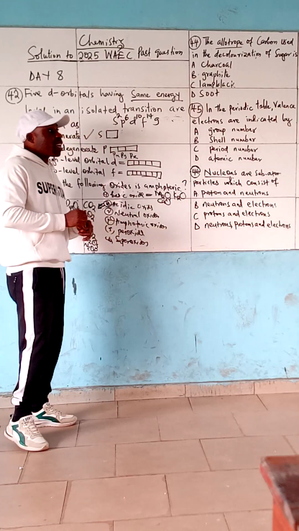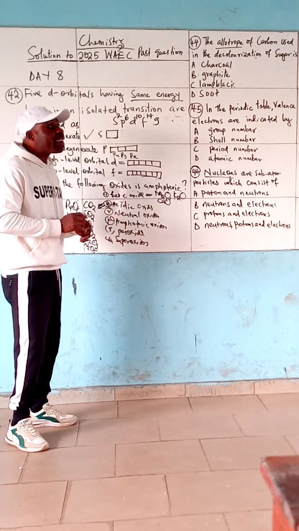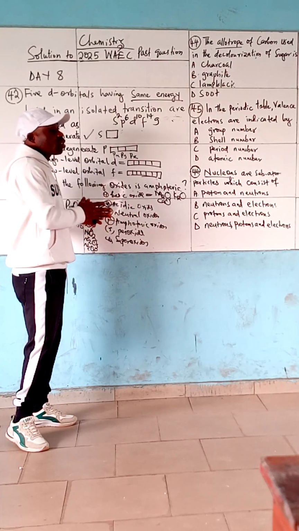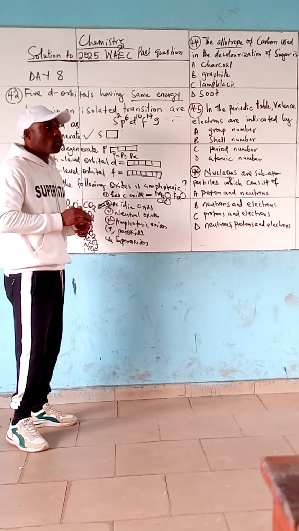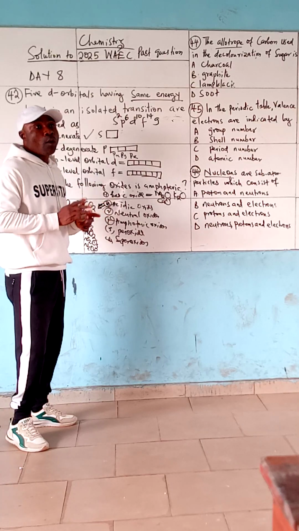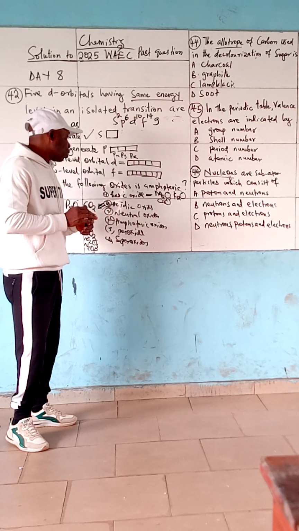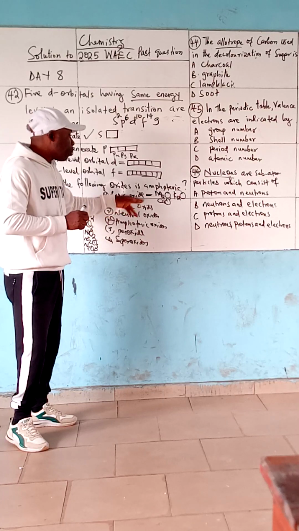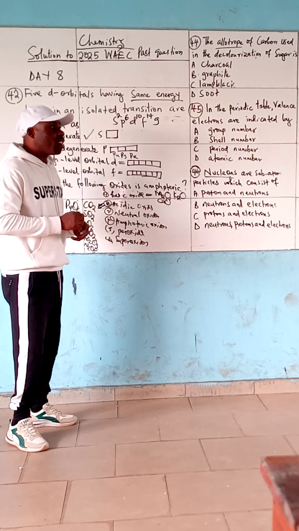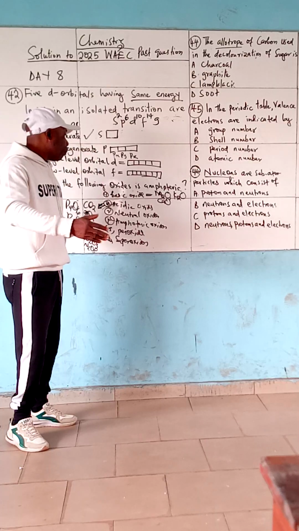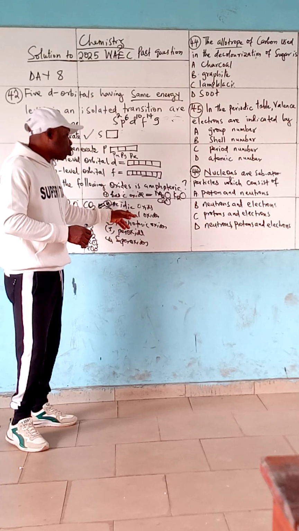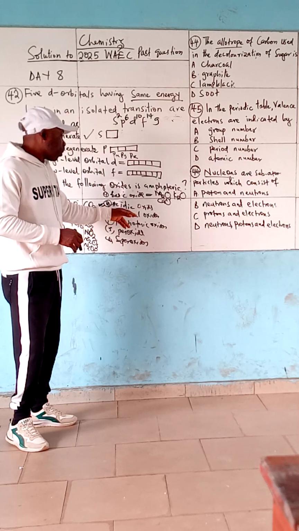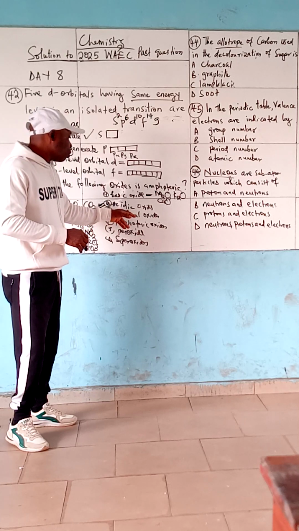These are those oxides of non-metals that are neither acidic nor basic, which means they have no action on litmus, whether red litmus or blue litmus. Basic oxides show basic properties, which means they change red litmus blue. Then acidic oxides exhibit acidic properties, which means they turn blue litmus red.